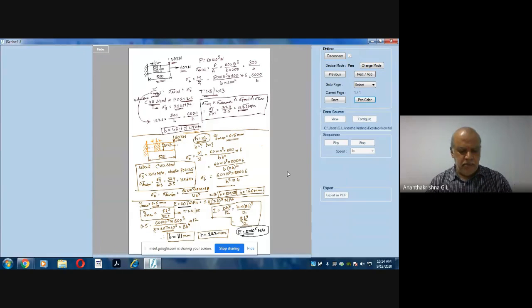A shaft placed in bearings can be considered as a simply supported beam as shown in figure.